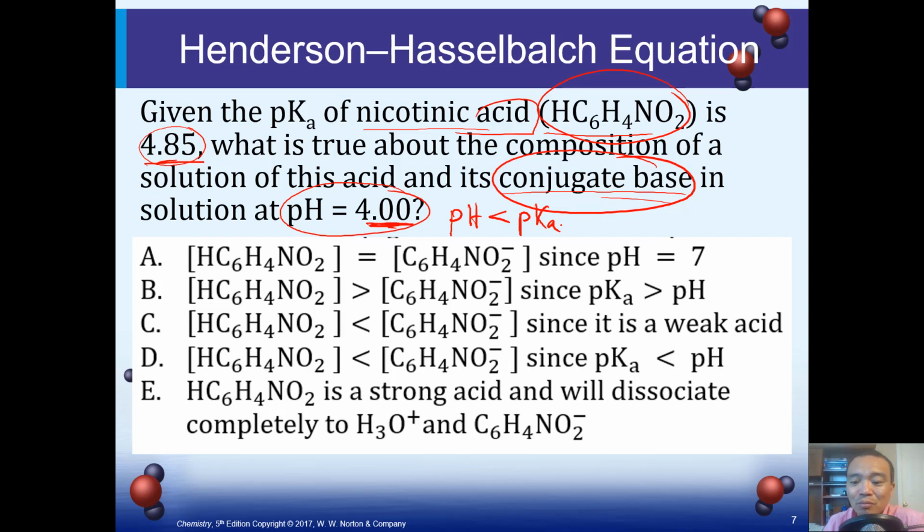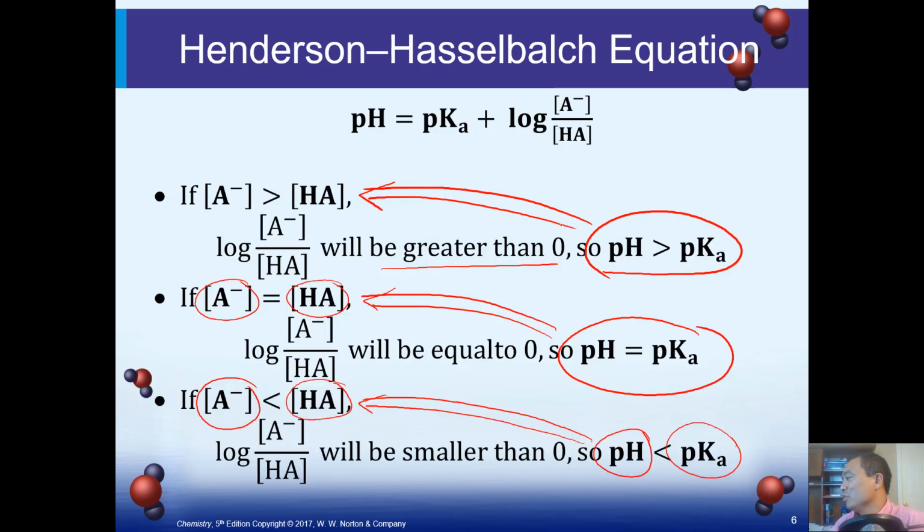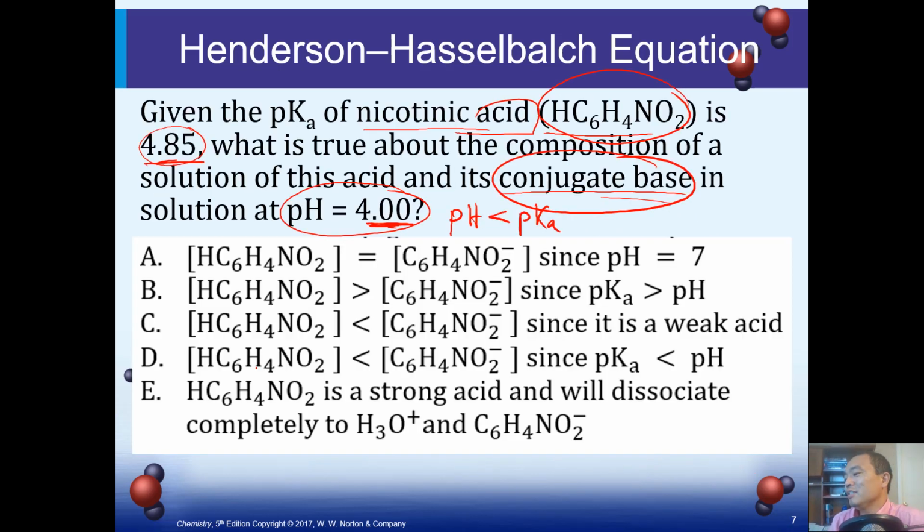So if it's more acidic, you would expect to have a larger amount of acid than base. More specifically in this example, you would have a larger amount of acid than the corresponding conjugate base. The reason is because your pKa is greater than pH, or pH is smaller than pKa.